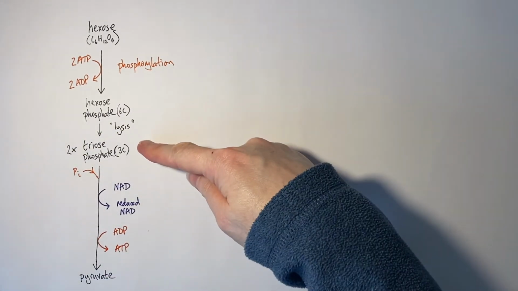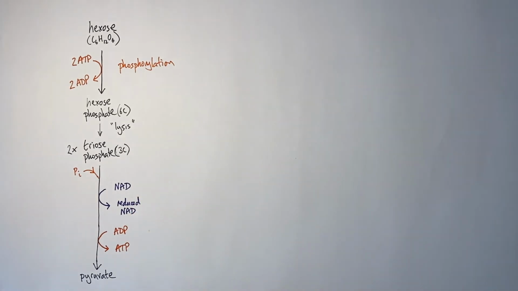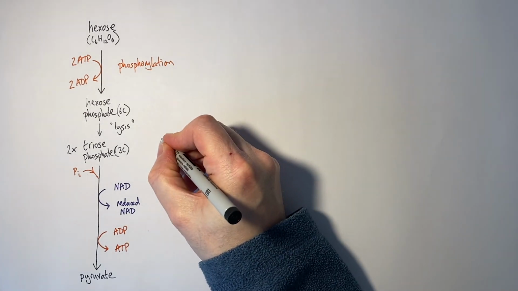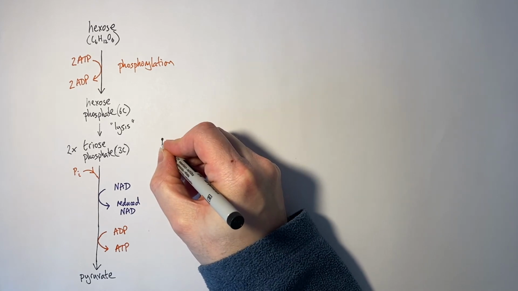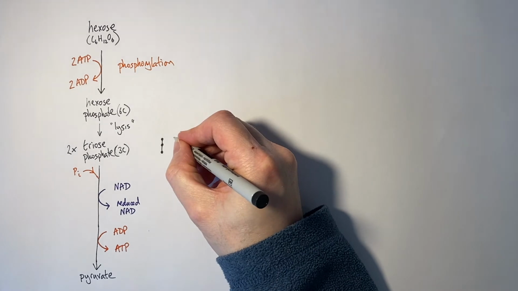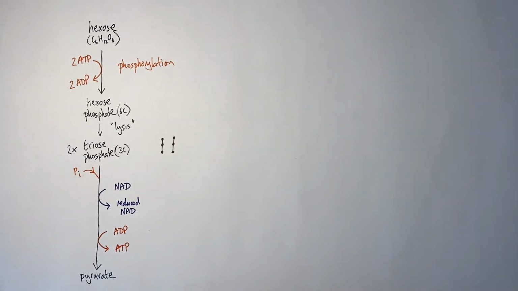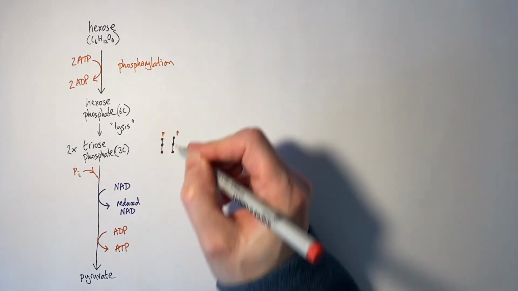So from this point onwards, everything is doubled. So what we have is 2 triose phosphate molecules. Each of those is a 3 carbon sugar. So if I drew a carbon atom as a circle, each of those would be 3 carbon atoms, and each of them has got a phosphate group attached.